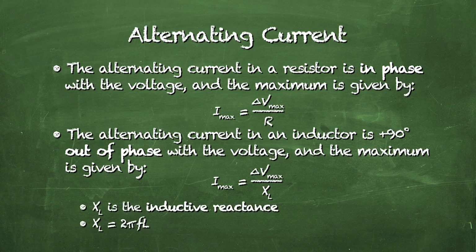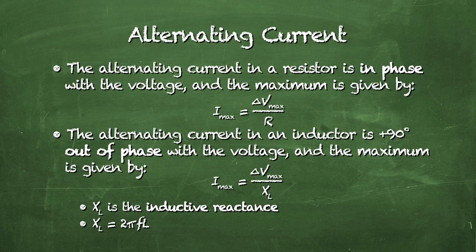So inductors don't have resistance, they have something called reactance, meaning that they react to the alternating voltage. The inductive reactance depends on the frequency of the alternating current and the inductance of the inductor itself. So X sub L is equal to 2 pi times the frequency times the inductance, or X sub L is equal to 2 pi fL.